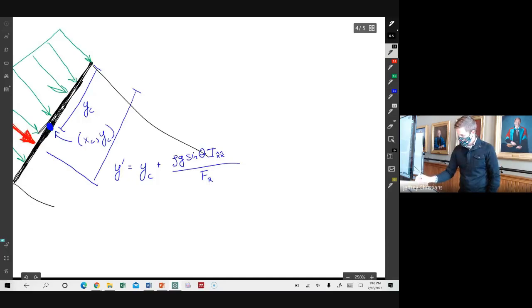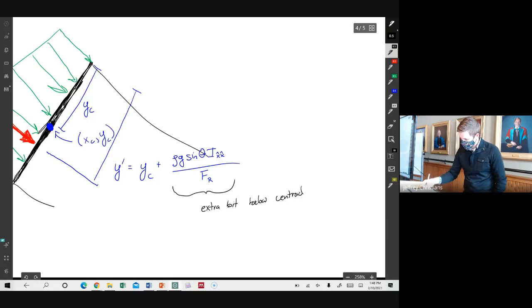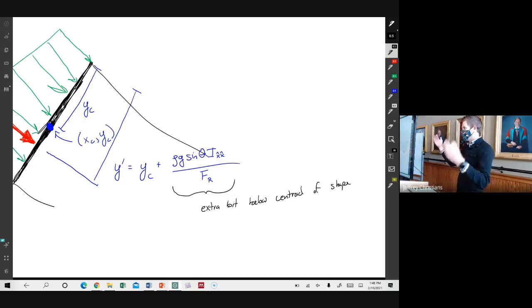This second part is the extra bit below the centroid. We always have to be below the centroid because pressure always increases as we go down.